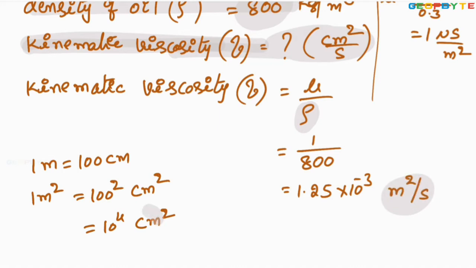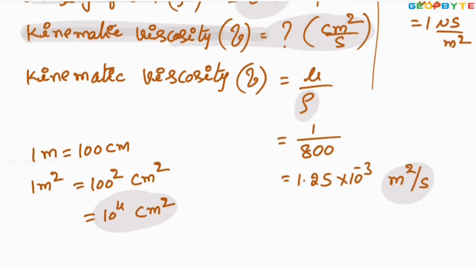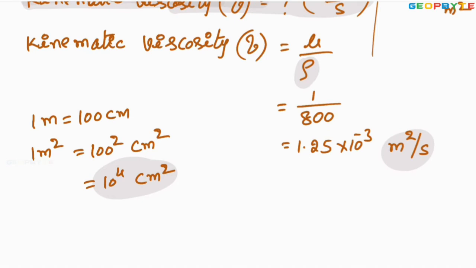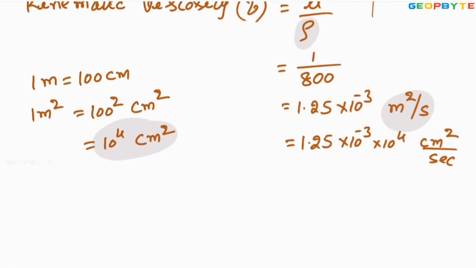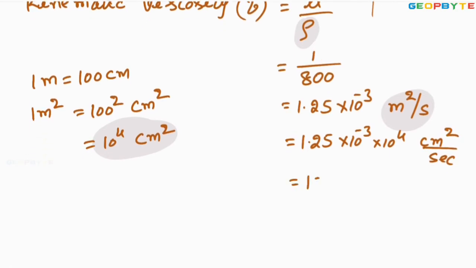For that you have to multiply with 10 power 4. It is 1.25 into 10 power minus 3 into 10 power 4 for getting in cm square per second. You simplify this value for getting around 12.5 cm square per second. That is the kinematic viscosity.